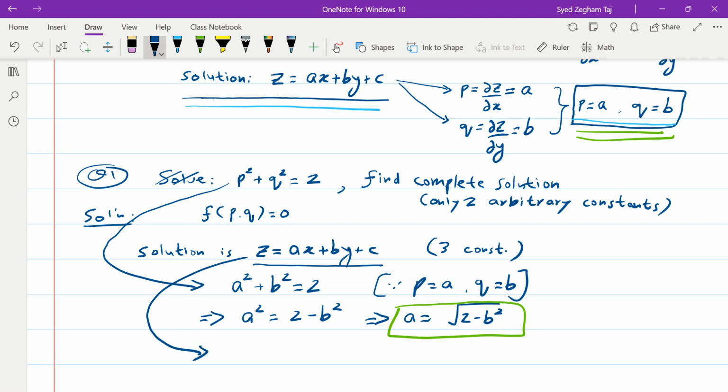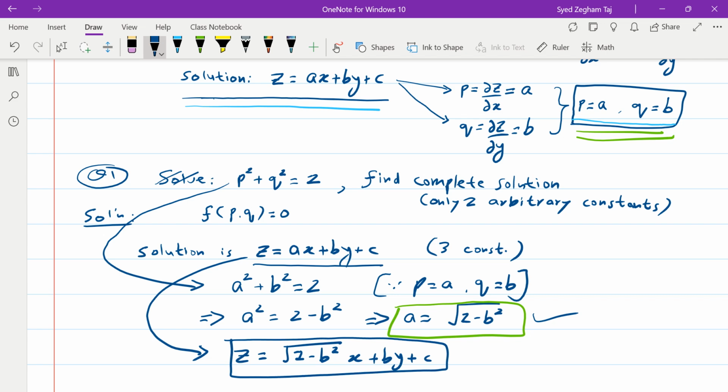Therefore, this solution now becomes z is equal to a, which you have calculated just now inside the green box, that is, square root of 2 minus b square times x plus by plus c.